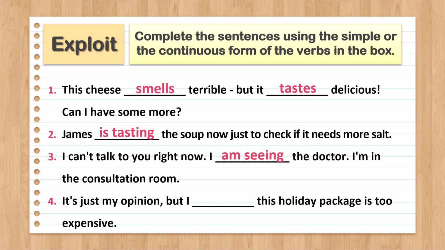Number 4. It's just my opinion, but I this holiday package is too expensive. Think is used here for an opinion, so it stays simple present. We say I think, not I'm thinking.